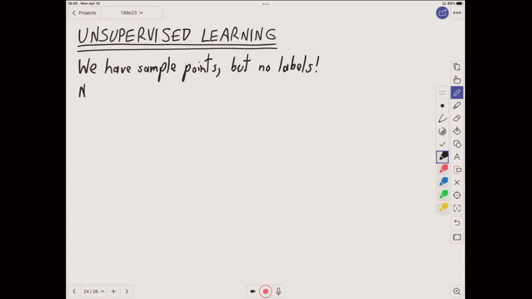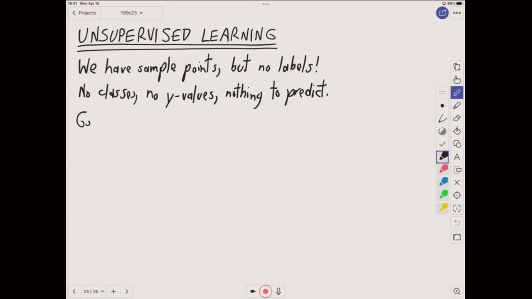So in other words, there's no classes, there's no y values to estimate or interpolate or regress. There's nothing really to predict. So what can we do besides prediction?